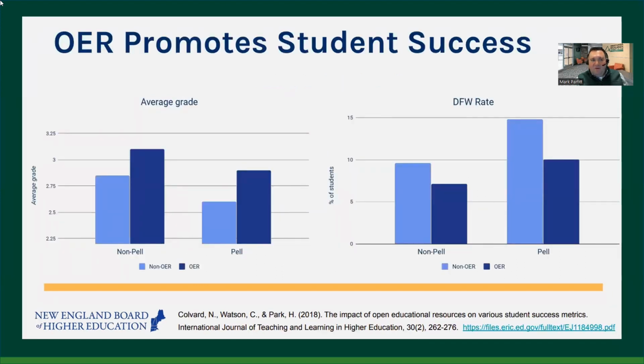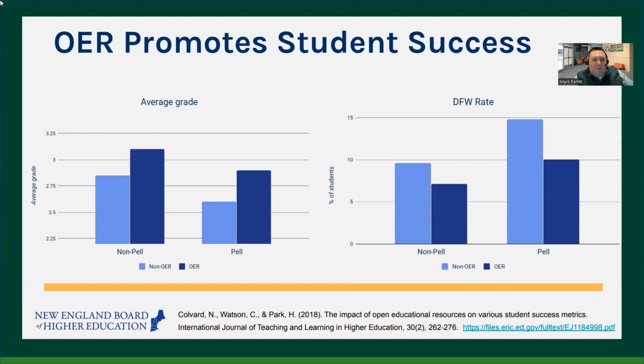There are also studies that show that free OER resources promote student success. So you can see here they've compared Pell students and non-Pell students. That's the Pell Grant, and typically, the Pell Grant is a way we are able to categorize lower income students. For diversity purposes, income level is one that we at Penn Highlands are really focused on and sensitive to be aware about.